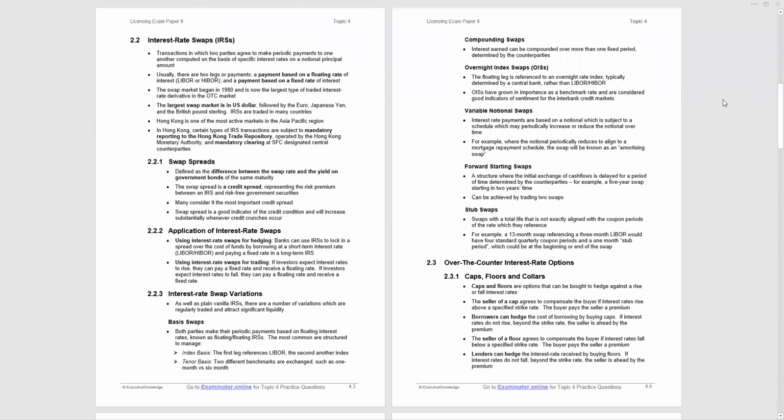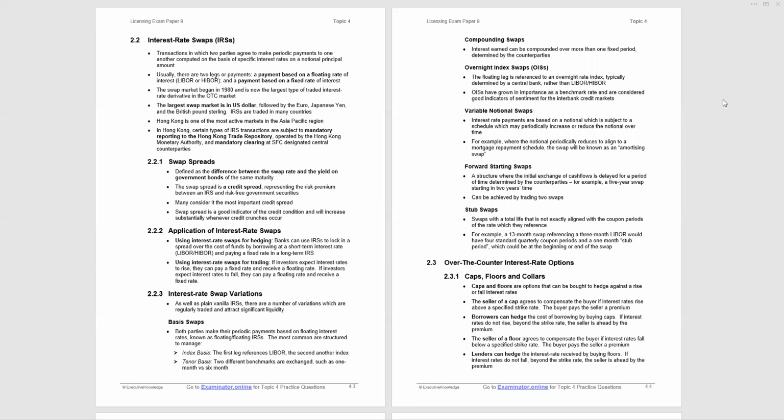Now, interest rate swaps, these are OTC derivative products where two parties will agree to make periodic payments to each other. Often the vanilla type of interest rate swap is the fixed for floating. And again, we dealt with that in an earlier topic.